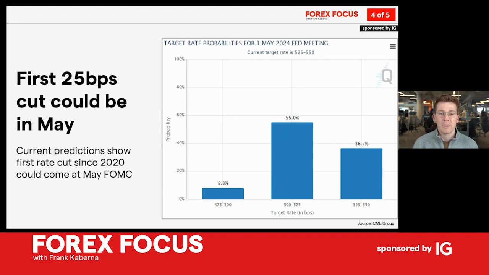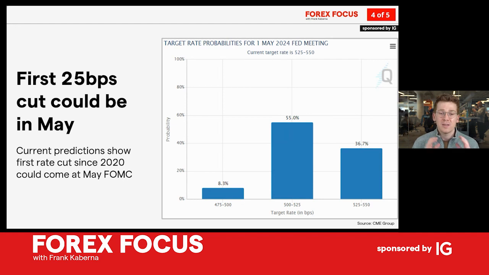But anyway, if we are assuming that 25 basis point increment and they don't cut in March, they only have 6 meetings throughout the rest of the year. That means they would have to cut at 4 or 5 out of those 6 meetings to fulfill that 100 to 125 basis points worth of cuts. In other words, that would be a very aggressive plan for them to get to where the market is projecting they're supposed to get to by the end of the year.